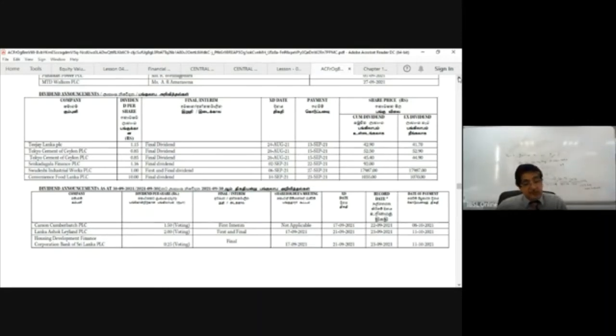So that's what I ask you. You can just go to the Colombo Stock Exchange, the documentations or information files. You can access the website of the Colombo Stock Exchange, and there are several links where you can get the appropriate information and see how the dividends have grown for certain companies.